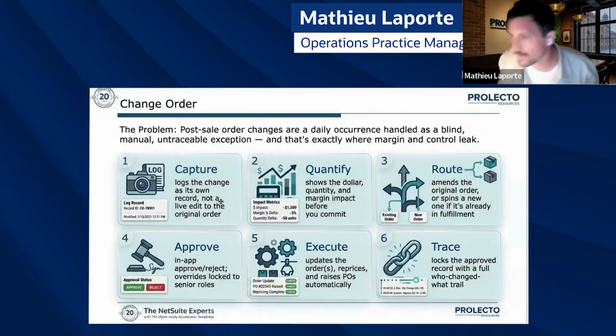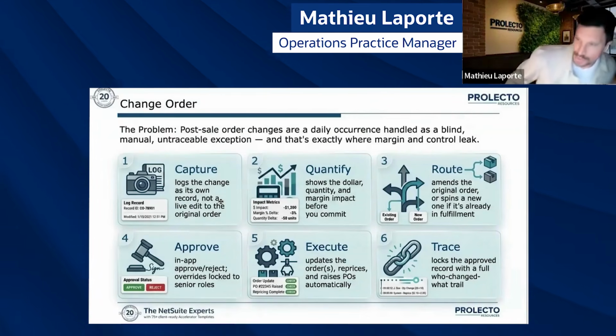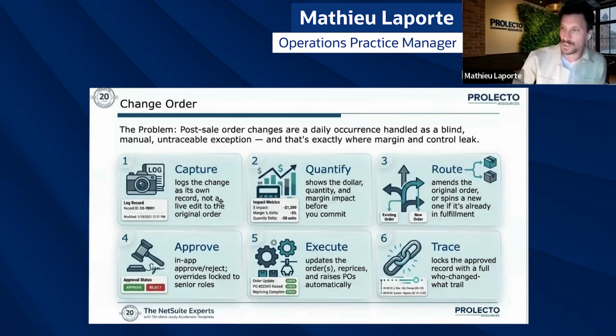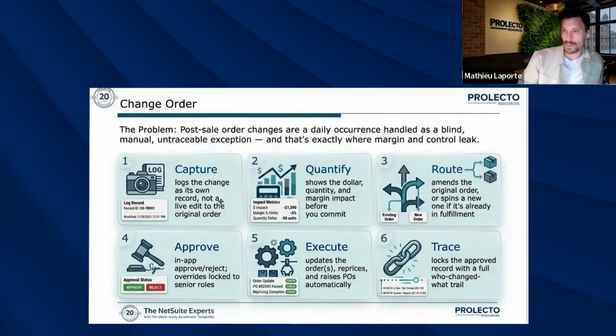The core fundamental of the change order hasn't really changed much in the past couple of years. The idea being there is a real problem, a true problem that many of our clients are facing, which is: how do you allow changes to be made on orders when other activities are also taking place, such as fulfillment or what have you?